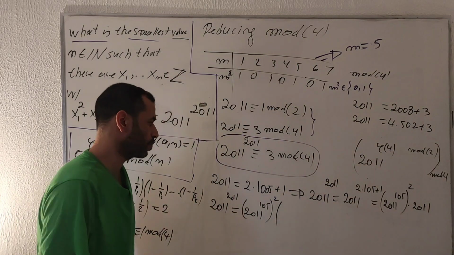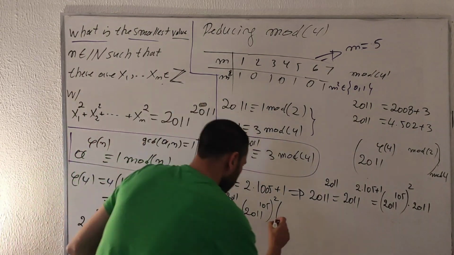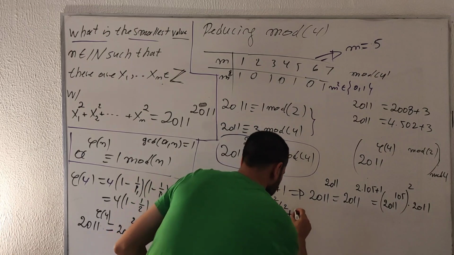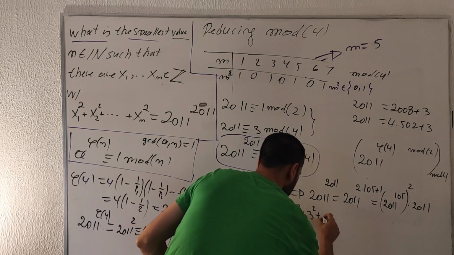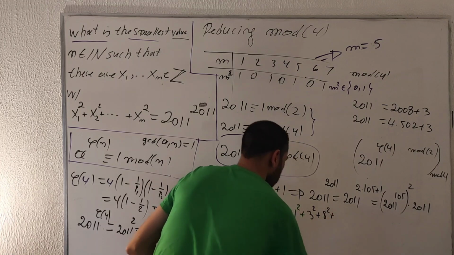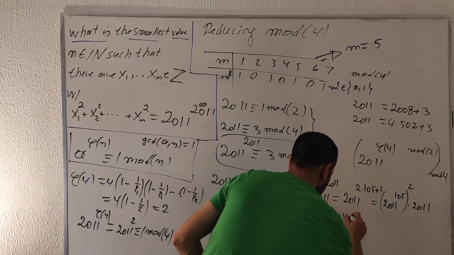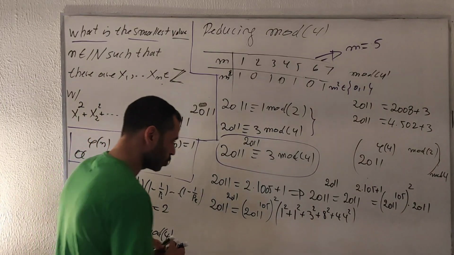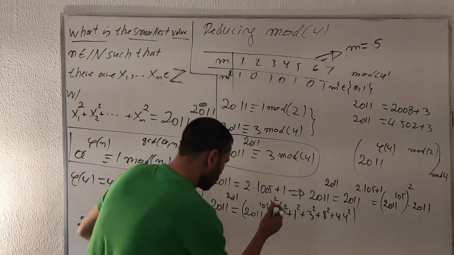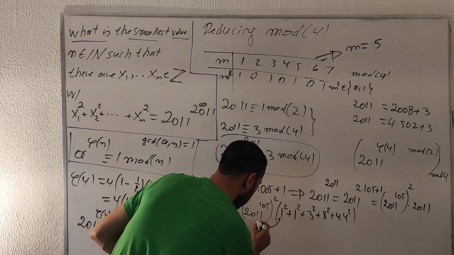2011 will be replaced with the sum of squares: 1 squared plus 1 squared plus 3 squared plus the next squared, plus 44 squared. Now I'm going to distribute this.